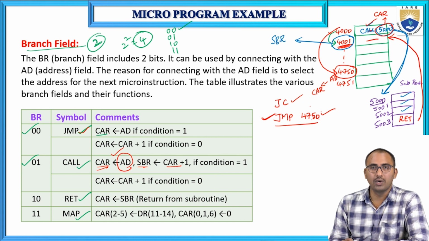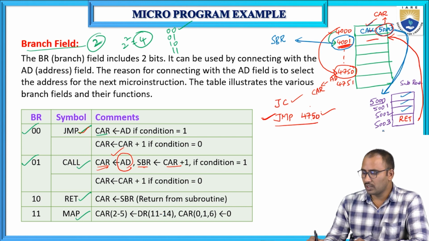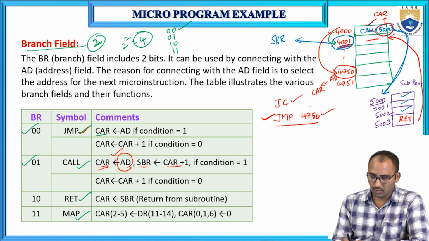SBR is the subroutine register. After executing all the statements in the subroutine, it has to come back to the next instruction of the main program. What is the next address of the main program? That is nothing but 4001, which is equal to CAR plus 1. Next, if the condition fails, then CAR plus 1 will be loaded into the CAR.